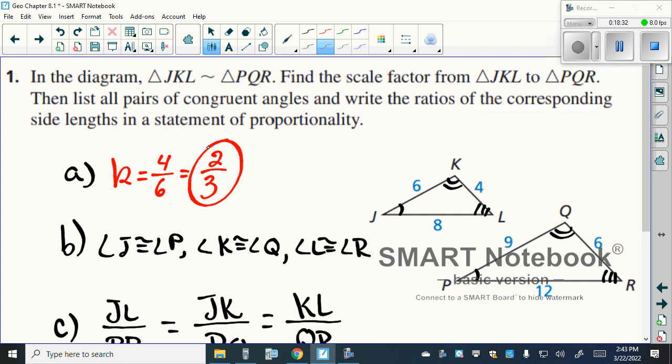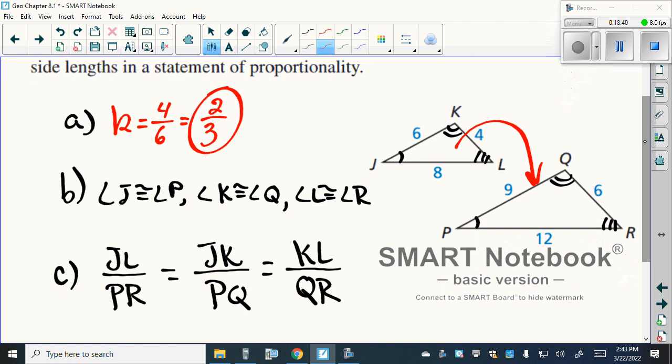And that would be it. And again, I scrolled up just to make sure where we're going. JKL to PQR, so it would be 4 over 6, which would give us a scale factor of 2/3. Questions on this here? Not too bad.